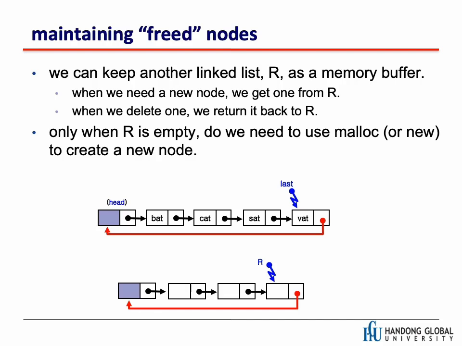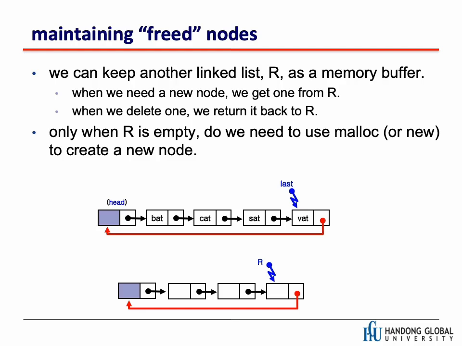In this operation, we don't have memory allocation or deallocation, we just change the links. The memory buffer and our linked list are in the same kind of memory space, so they can point to any of these nodes. It doesn't matter whether a node is in the linked list or in the memory buffer.